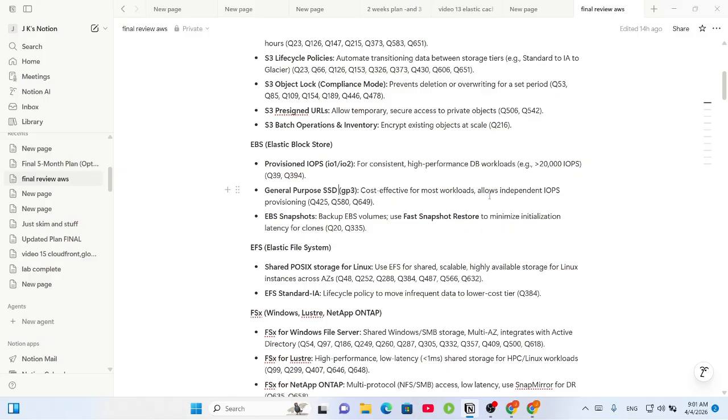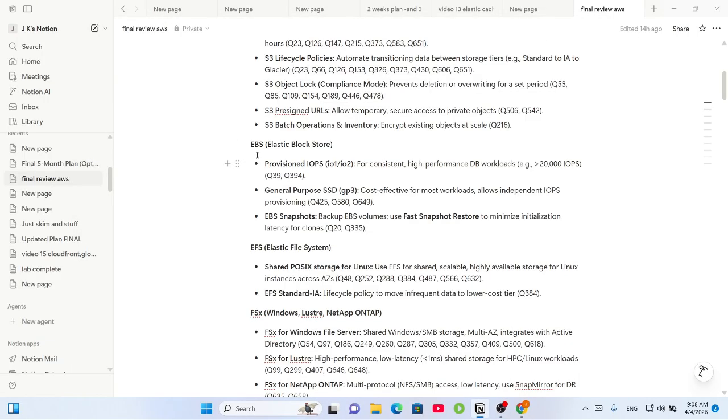So basically it allows independent IOPS provisioning. Okay, and it's also available in three options. And EBS snapshot, this is like backup. We talked about backing up EBS volumes. Use fast snapshot restore to minimize initialization latency for clones. Okay, there are three things.